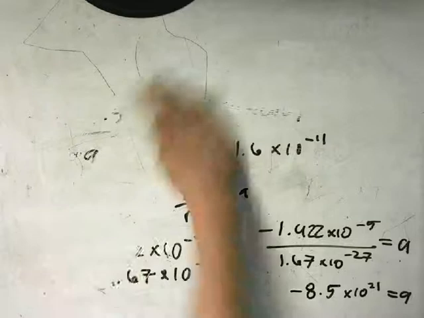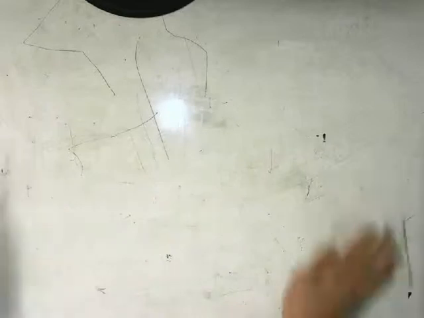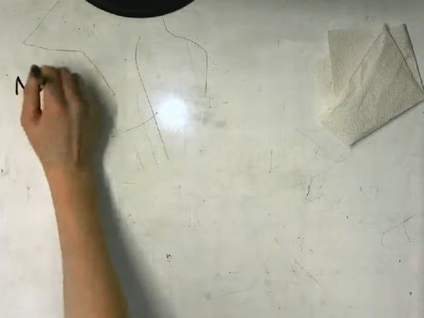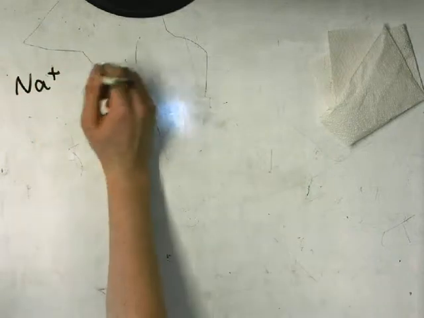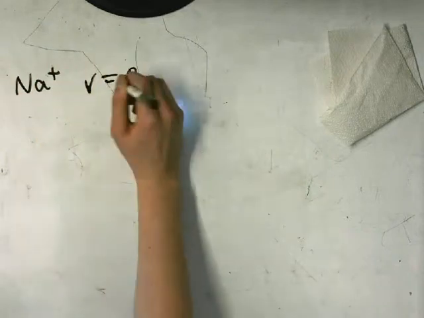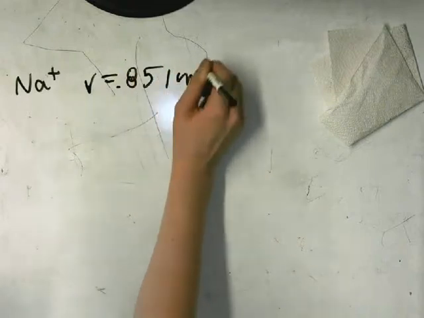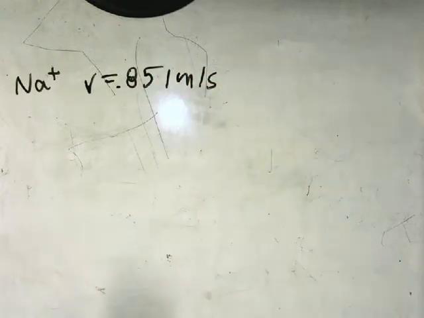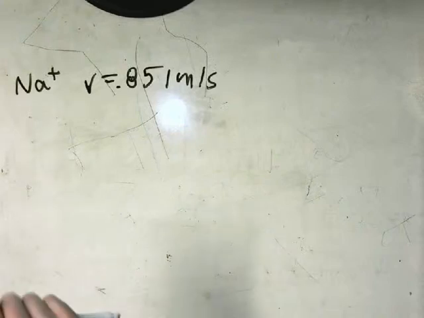Next problem, we have a sodium ion, Na+, moving at a velocity equal to 0.851 meters per second through the bloodstream of a man's arm near a large magnet.